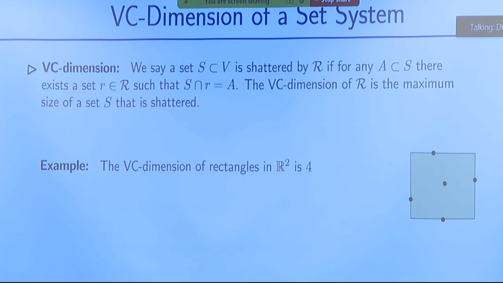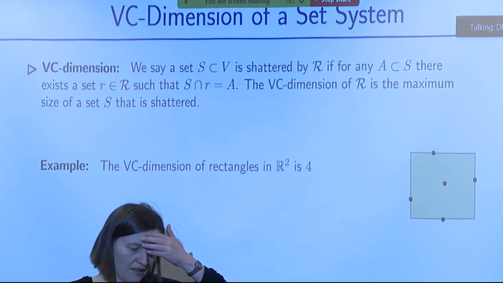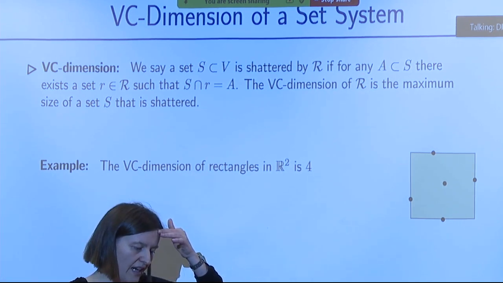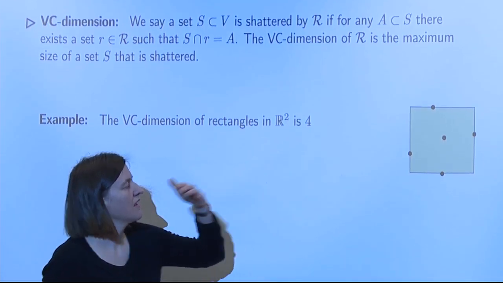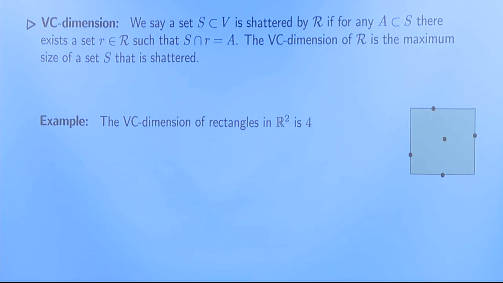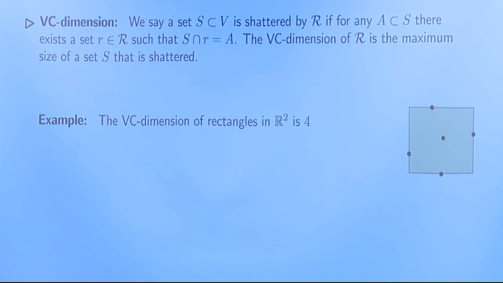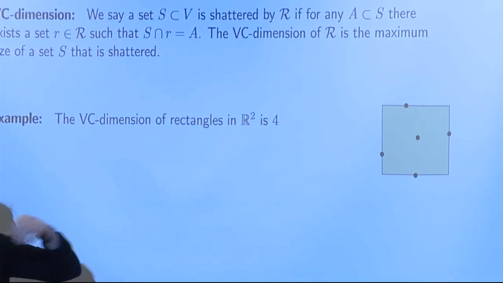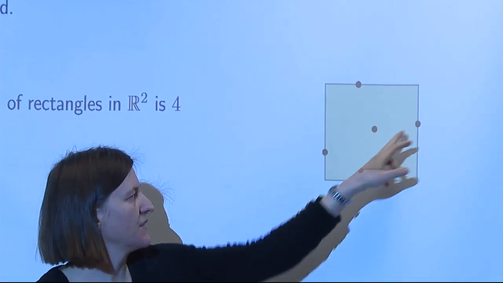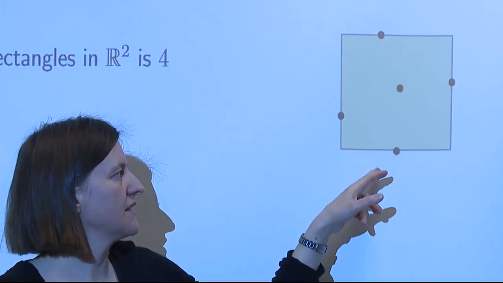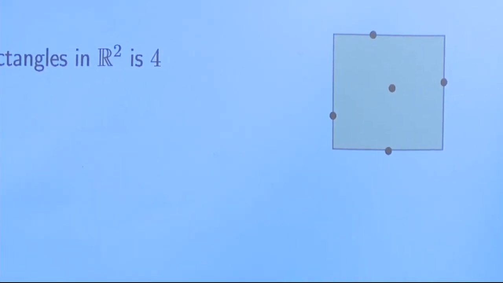For example, if you look at the set system of rectangles in R2, then I can shatter a set of 4 points, but if I have 5 points, I can never shatter it. For example, there's a point in the middle, and if I want to express the subset consisting only of the other 4 points, I cannot do it by intersection with a rectangle.